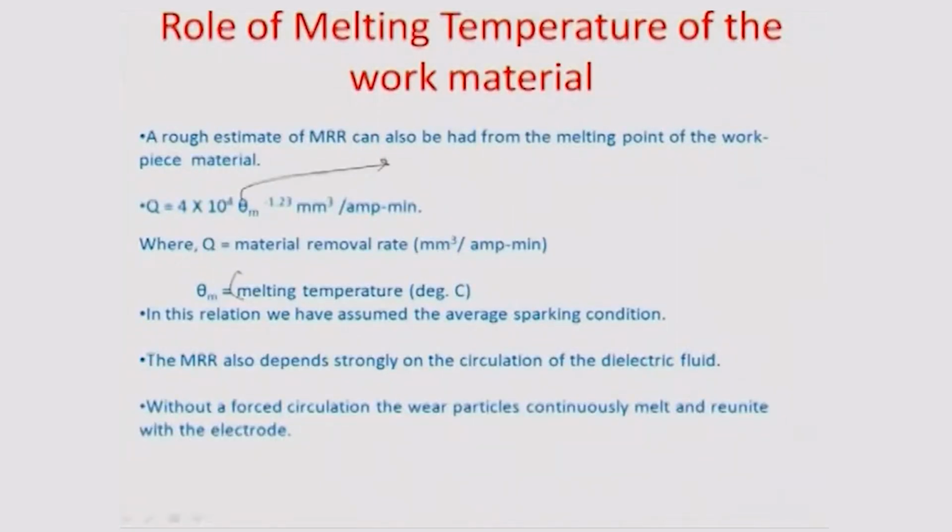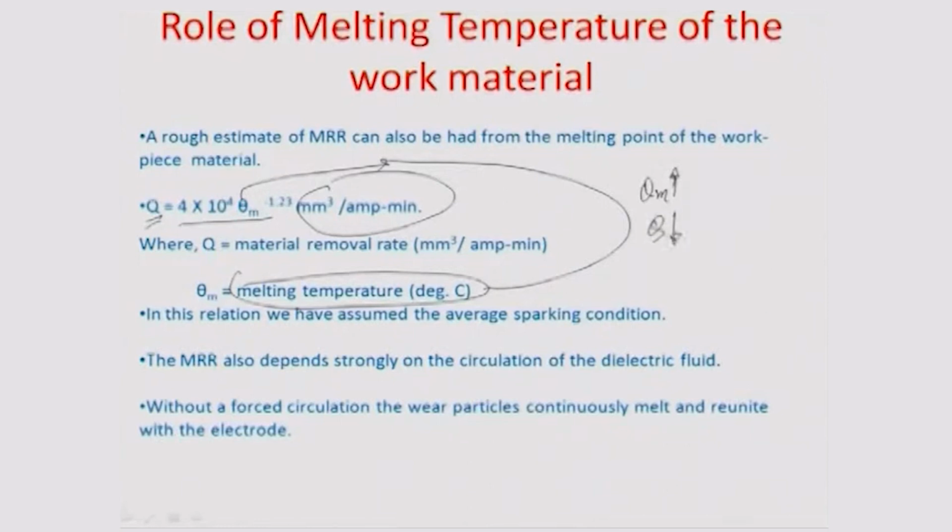That relationship has also been defined in literature: if theta m is the melting temperature in degrees Celsius of the material, then the material removal rate in mm cube per charge is given by this expression here, 4 × 10^4 theta m to the power of minus 1.23. It therefore indicates that if theta m for a material is higher, the material removal rate should be lower, and vice versa.